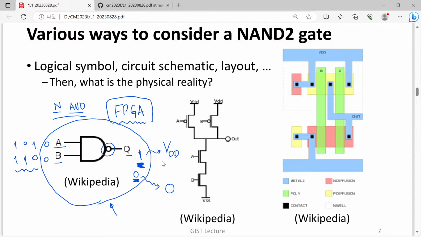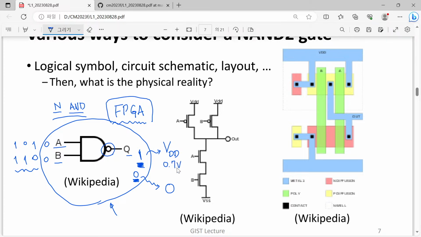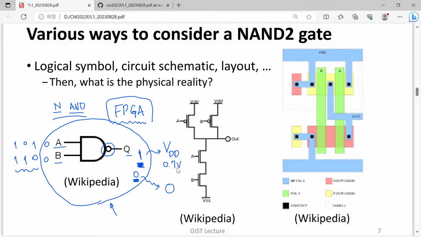For example, nowadays our VDD value is more or less 0.7 volt, and if you have a voltage like 0.65 volt, then maybe you can regard that voltage as logical true or logical 1. And if you have 1 millivolt in your system, then maybe you can regard it as a logical 0 or logical false. So how can we realize such a thing in our system?